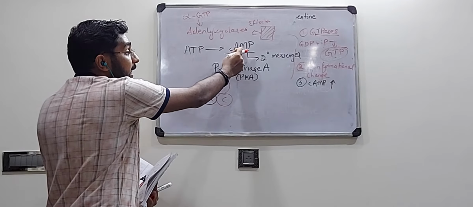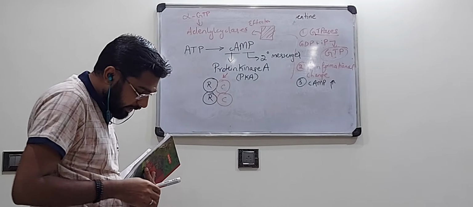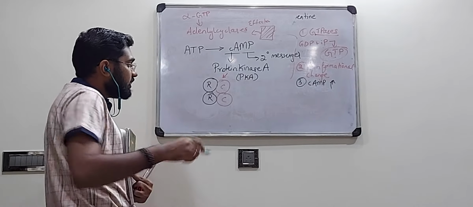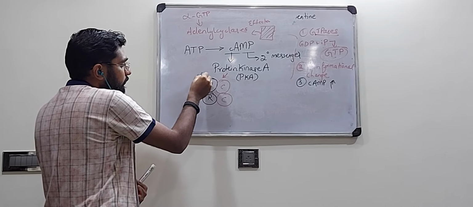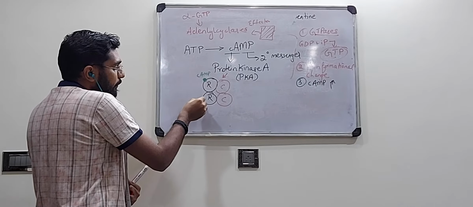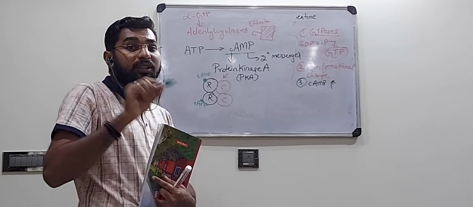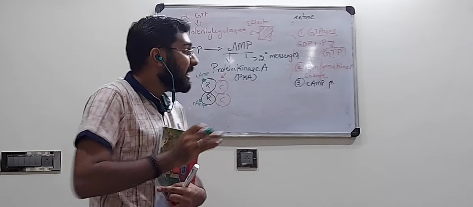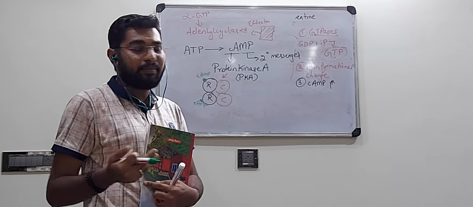This cAMP goes and binds to the R subunit. Once the cAMP binds to the R subunit, it cleaves off the C subunit, or activates the C subunit.